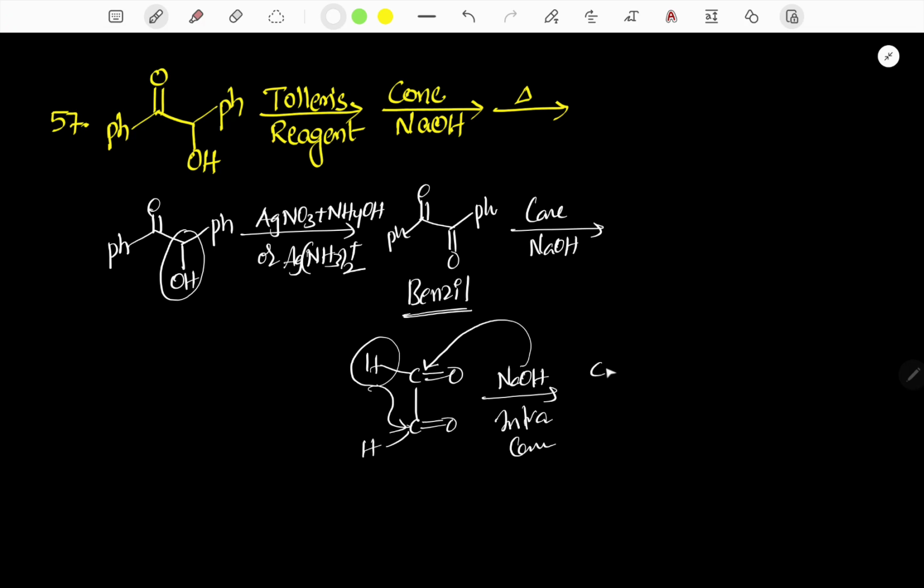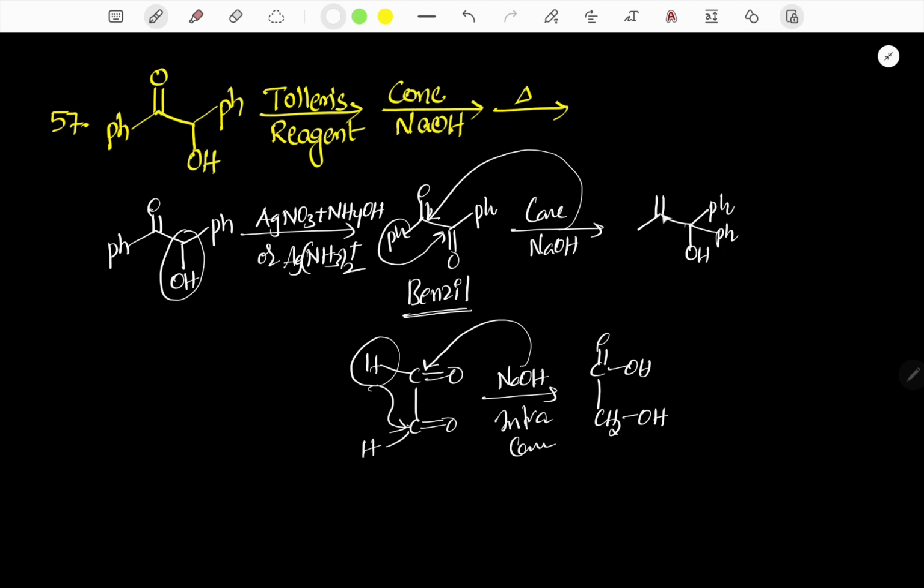So this is the corresponding product, COOH, and CH2O minus converted to OH. Simply, in one step I have written. Similarly, in this case also, when OH minus attacks this carbon, the benzene will migrate. Therefore the corresponding product, OH, benzene migrated, and here OH attacked.